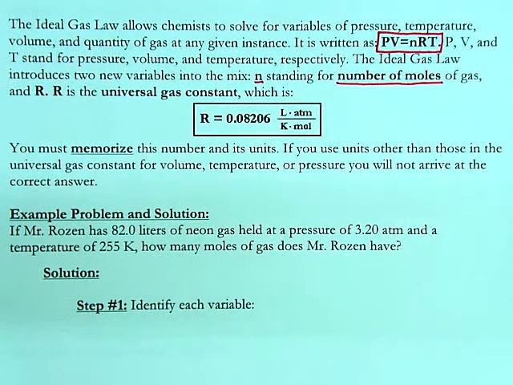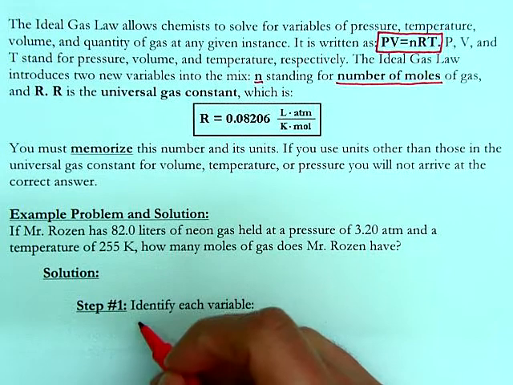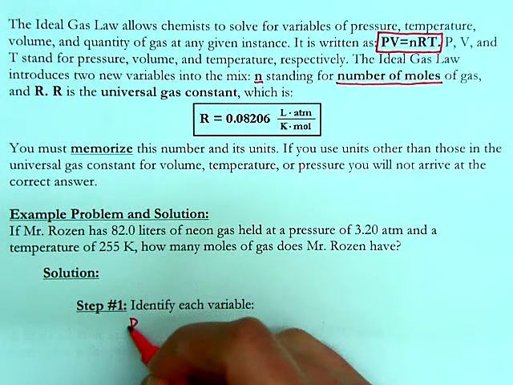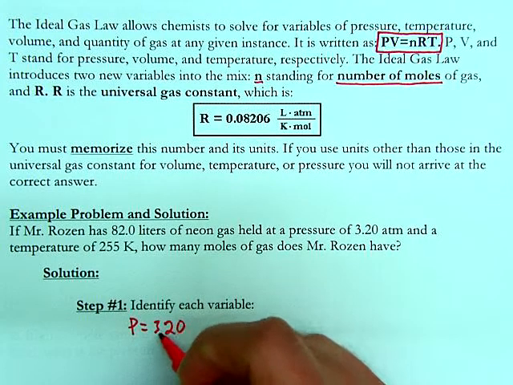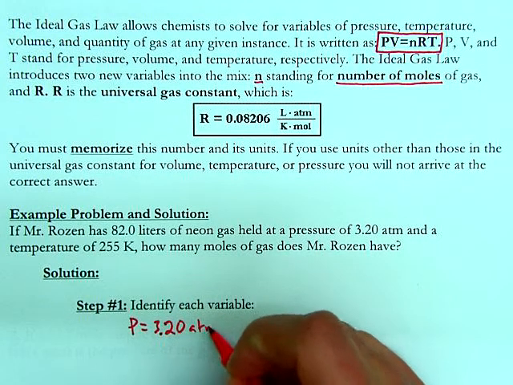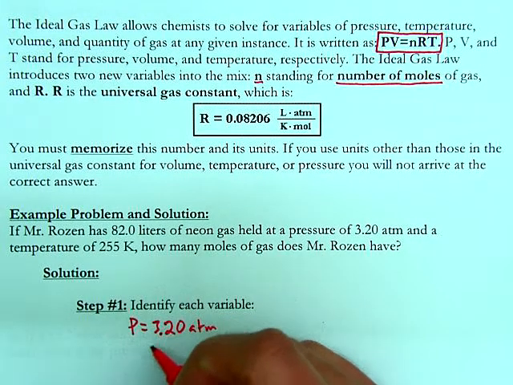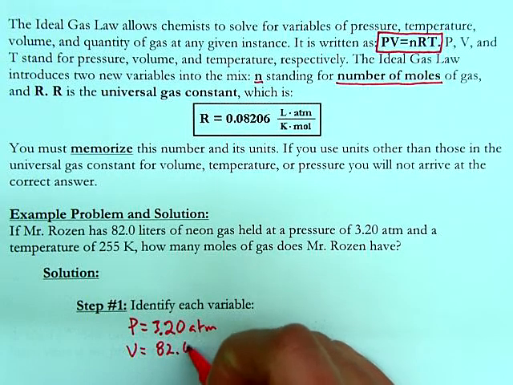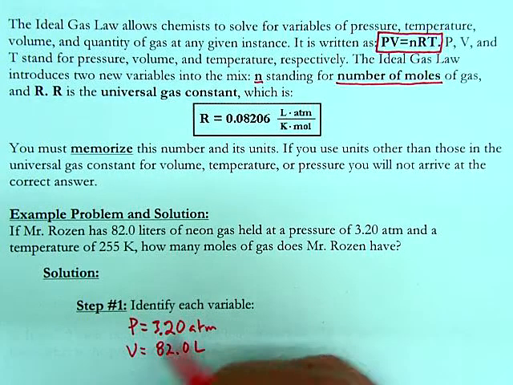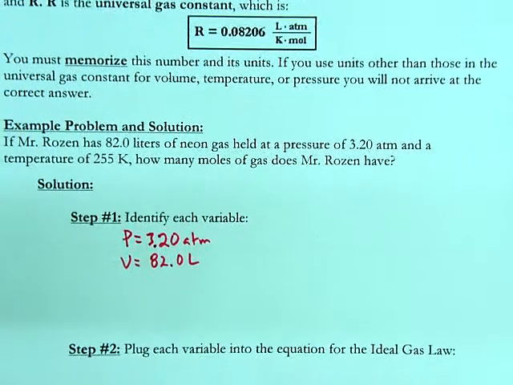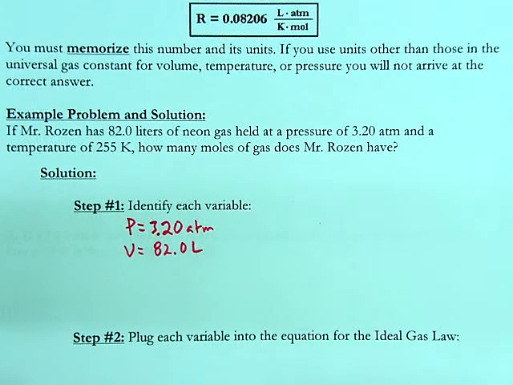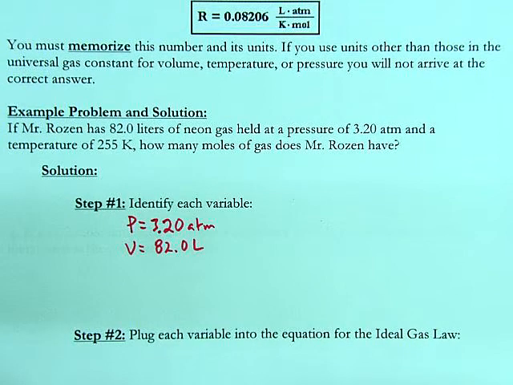I'm going to first take a minute to identify each of the variables. Pressure is 3.2 ATM. Volume is 82.0 liters. I am solving for n, right?